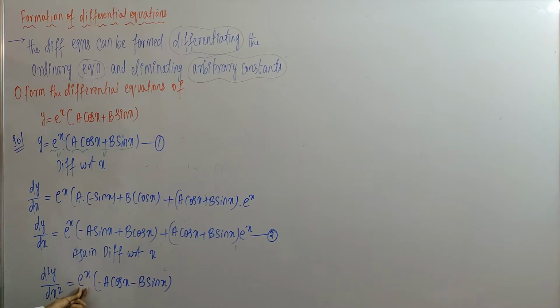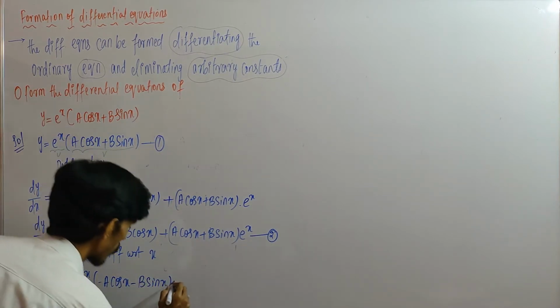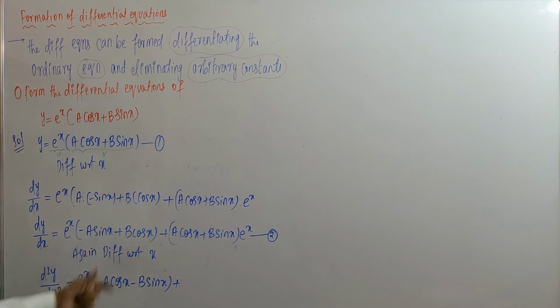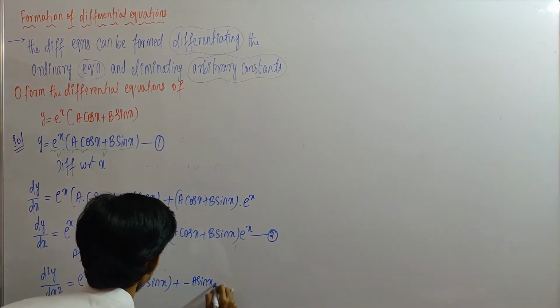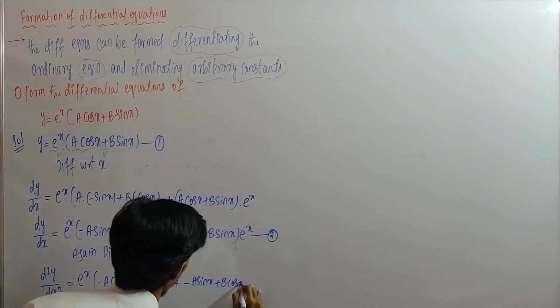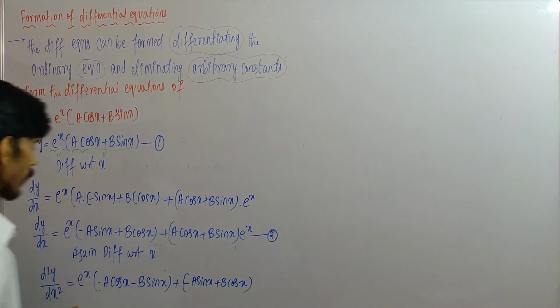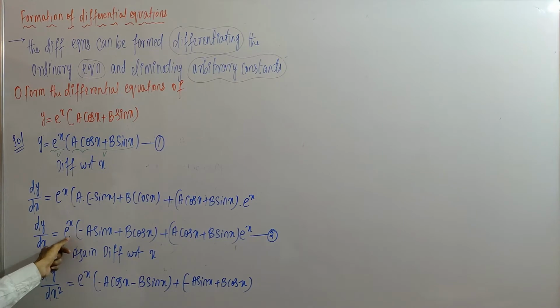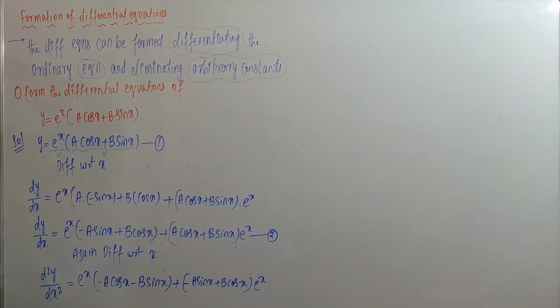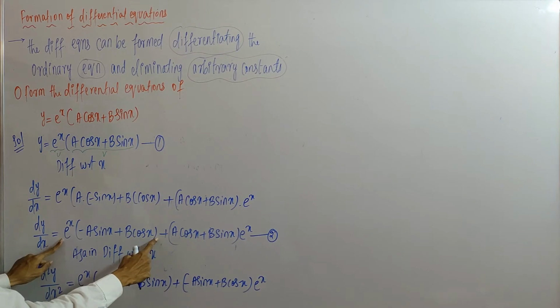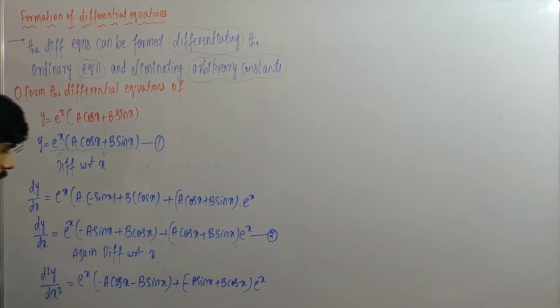Now leaving the first function, differentiating the second one, plus leave this one, that is minus a sin x plus b cos x, into differentiating the first one, so the derivative of e power of x is e power of x. Now this part will give you this much of terms.